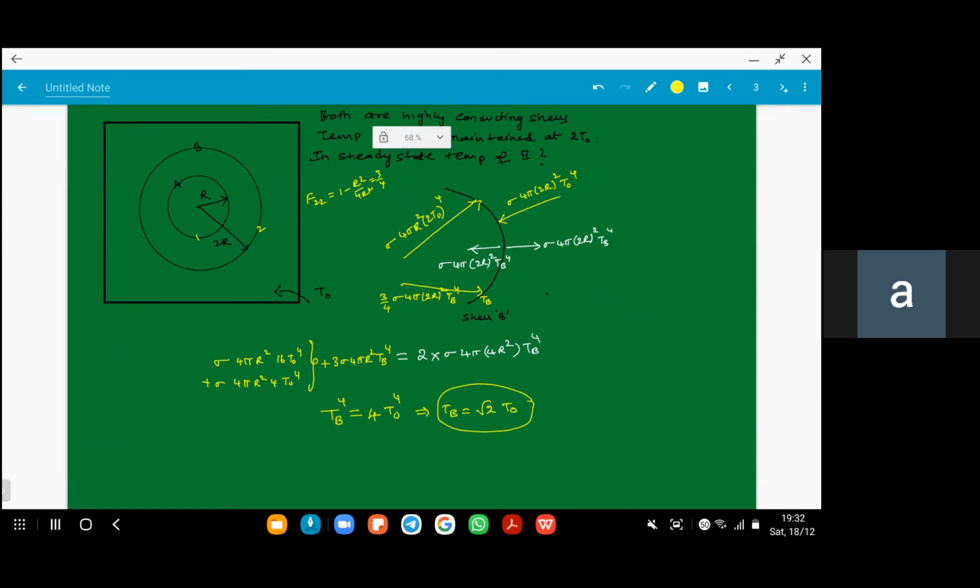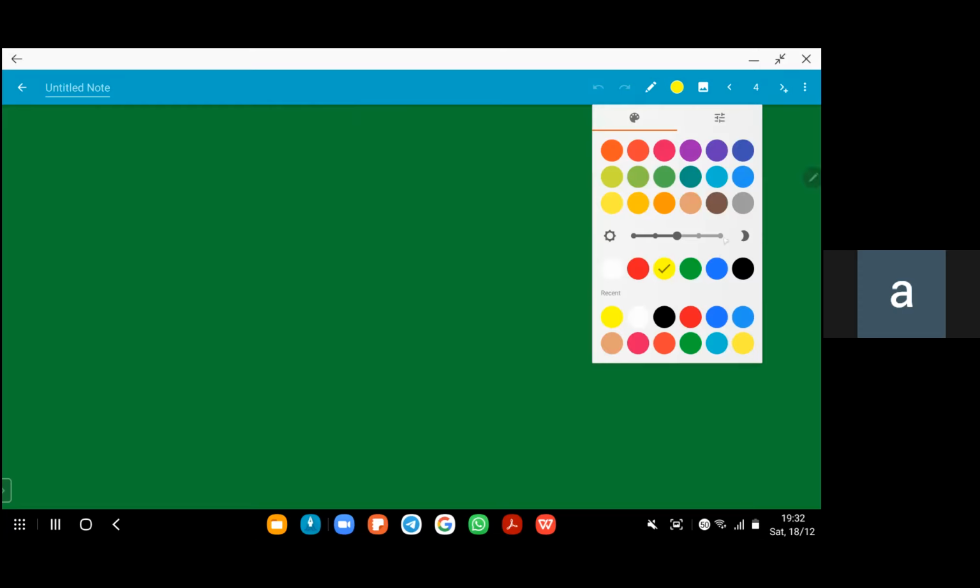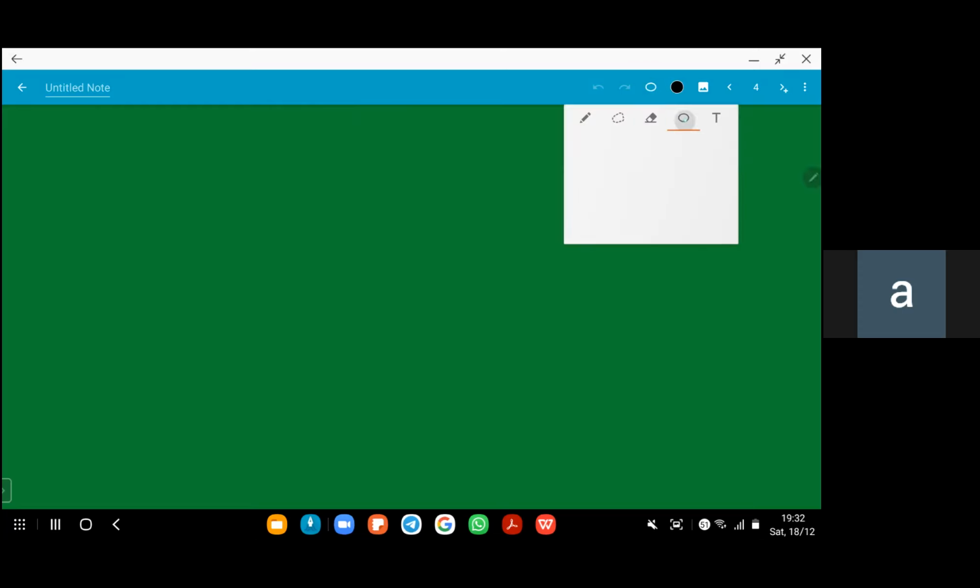Next model, a similar model, which I am going to give you. The model which I am going to give you is now 3 concentric spherical shells. Previously, we dealt with 2. Now I require 3.